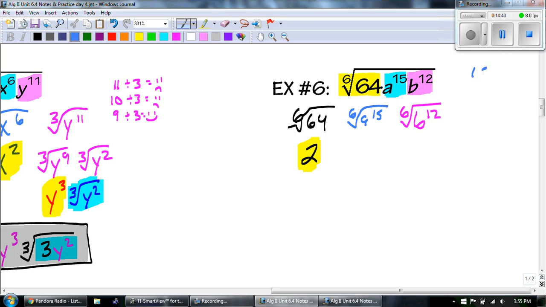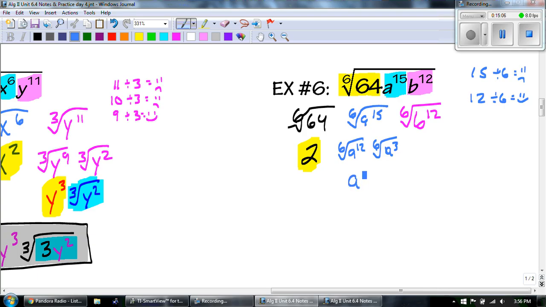Now 15 divided by 6 does not work. And the closest number, 14, no, 13, no, 12 divided by 6 does work. So we have the 6th root of a to the 12th, and the difference would be a cubed, okay?